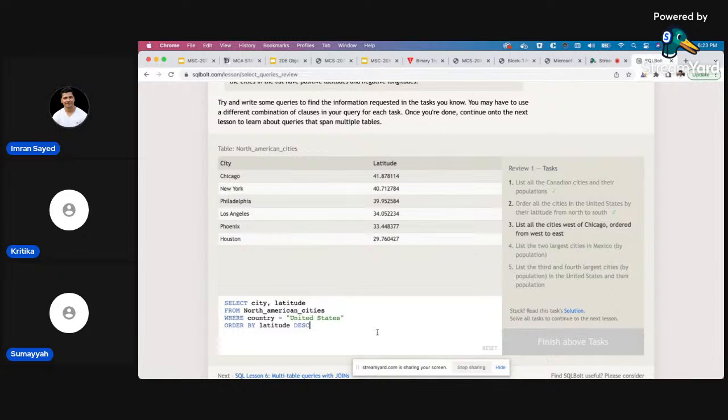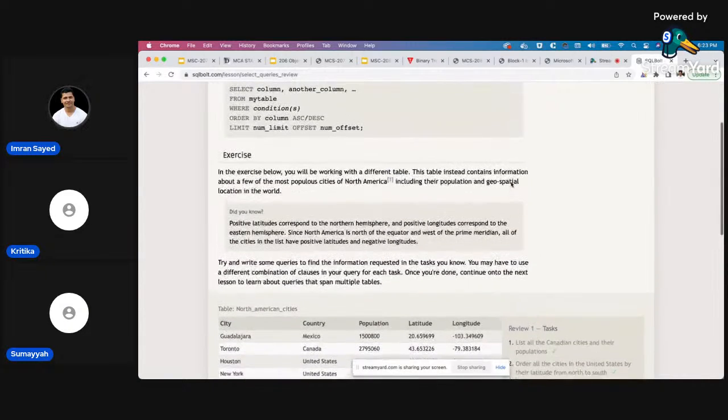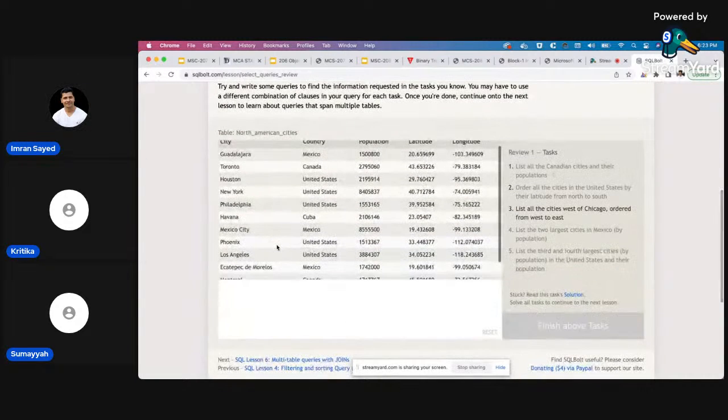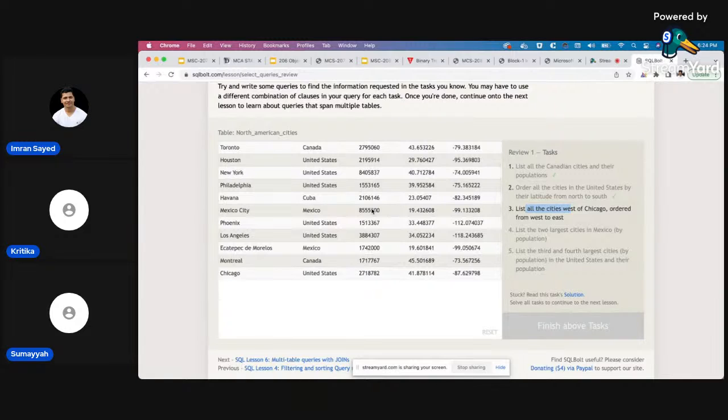Okay, let's move on to the next question. List all the cities west of Chicago ordered from west to east. So when you talk about east west, it is to do with the longitude, because longitude corresponds to the eastern or western hemisphere. So we'll get to that, but let's start from the beginning. So list all the cities west of Chicago, ordered from west to east.